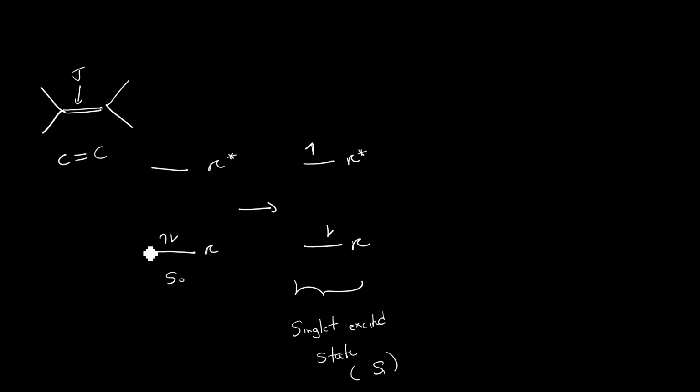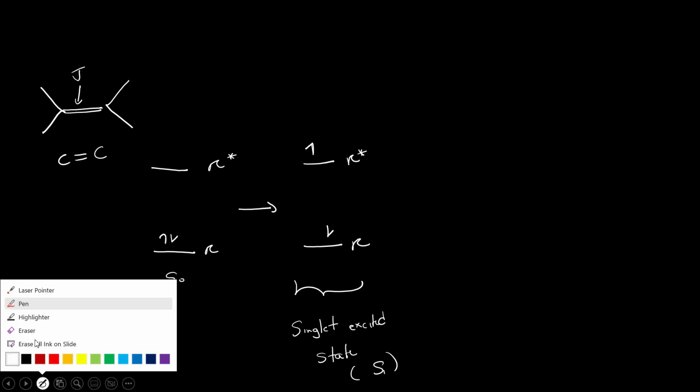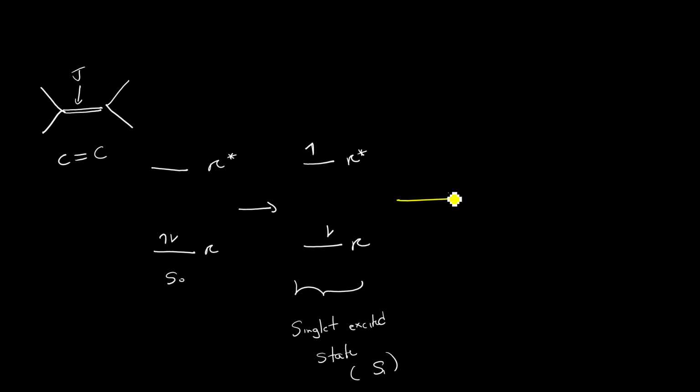This is the S0, singlet ground state. Now there's the possibility of the intersystem crossing. The same thing, nothing is different, only the spin is changing. Now this is called the triplet excited state. Right? This is called the triplet excited state.